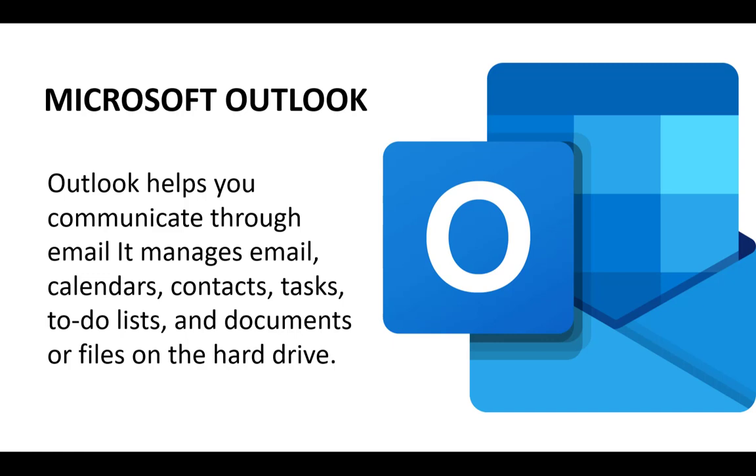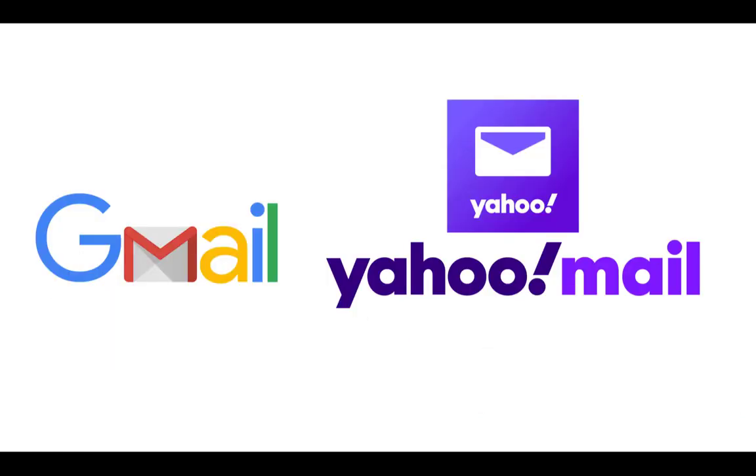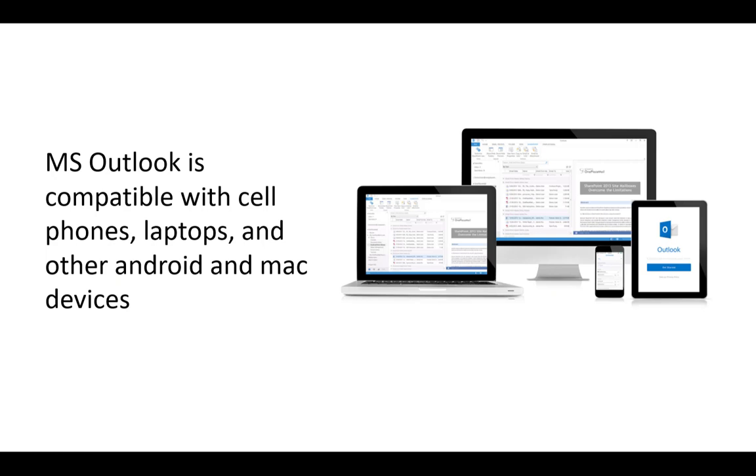Okay, so Microsoft Outlook is available on mobile phone, is available on tablet, is available on Android and on Mac devices, iOS devices, and in all major platforms you are going to see Microsoft Outlook. So if you are using a mobile phone, just go to your Apple Store or your Play Store and download Microsoft Outlook.